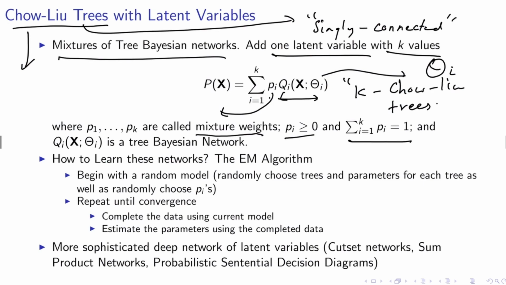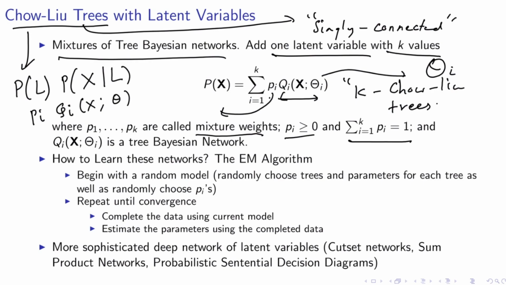Okay, so think of the distribution represented by this mixture of tree Bayesian networks as P of L, where L is the latent variable, times P of X given L. So P of L is given by pi, and P of X given L is given by Q i of X theta.